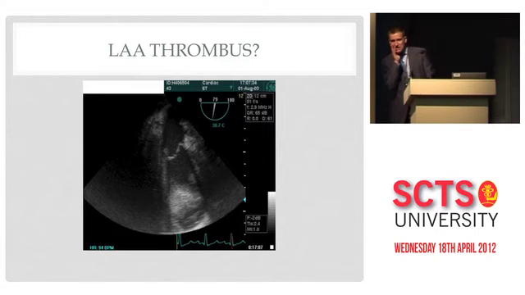Can you see that? I haven't got a pointer, but the left atrial appendage is here, and you can just appreciate a small mass shape within it. So I went and reviewed my preoperative study, and I'd saved a loop of the left atrial appendage showing that it was actually thrombus-free.